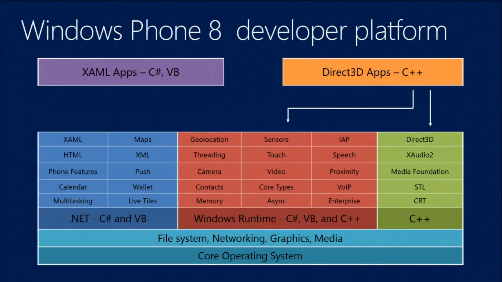Direct 3D apps can reference the C++ stuff here, the green stuff, standard template library, C runtime, and all this other stuff, Direct 3D. They can also reference the Windows Runtime. So the red stuff in the middle is also callable from your C++ apps. That's the beauty of the Windows Runtime. It's callable from all of these different developer platforms at the top.